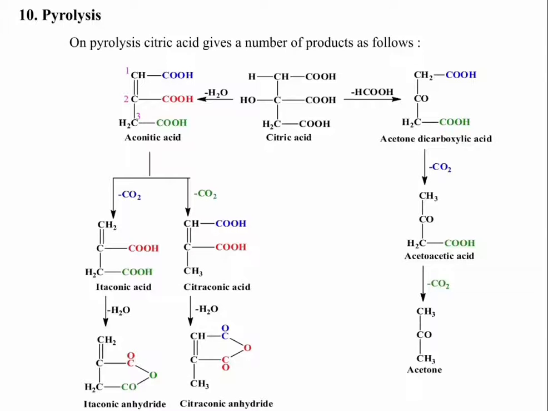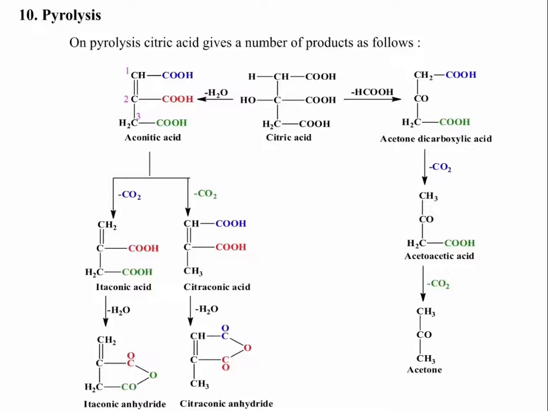So what are the other possibilities? Dehydration is also possible in citric acid by pyrolysis. In case water is eliminated, citric acid converts to aconitic acid. In aconitic acid, three acidic groups are there, so here I put 1, 2, 3 for convenience.